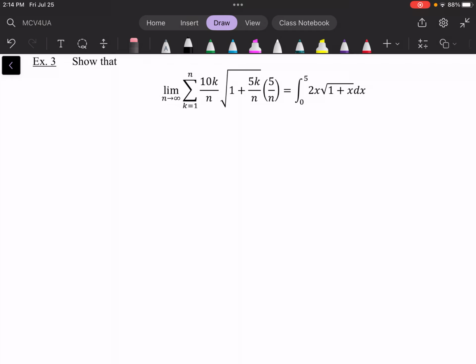So what we're going to do is show that the summation on the left is actually equal to that integral on the right-hand side. We're going to do a little bit of analysis here. First of all, realize these values are just k, so this is actually a right Riemann sum.